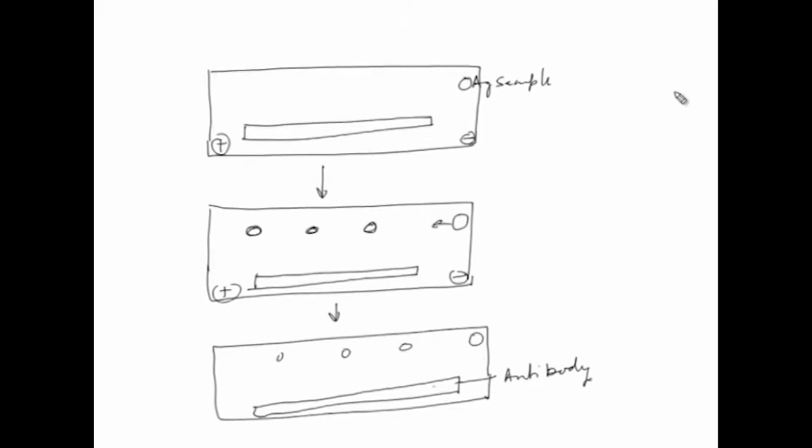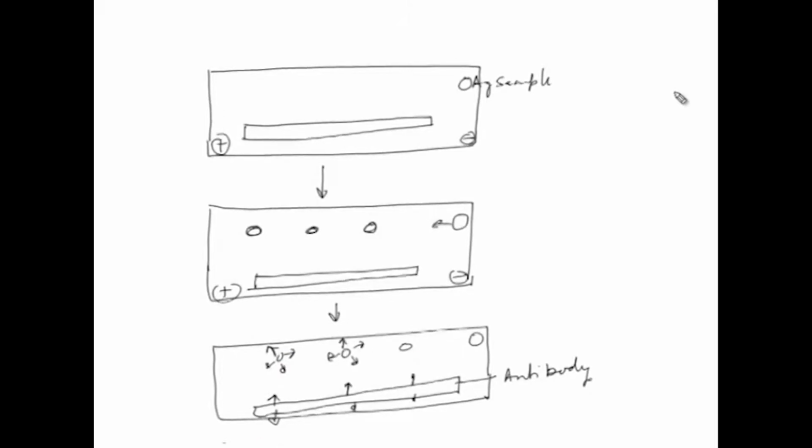This contains antibodies for each of these samples, or for one sample, like if you are looking to identify a certain sample, then it might contain antibody for that. So, what will happen now? There will be lateral diffusion like I said from this well, and there will be radial diffusion from these in all directions.